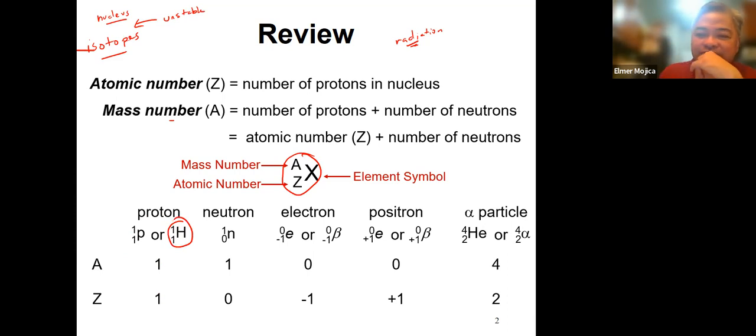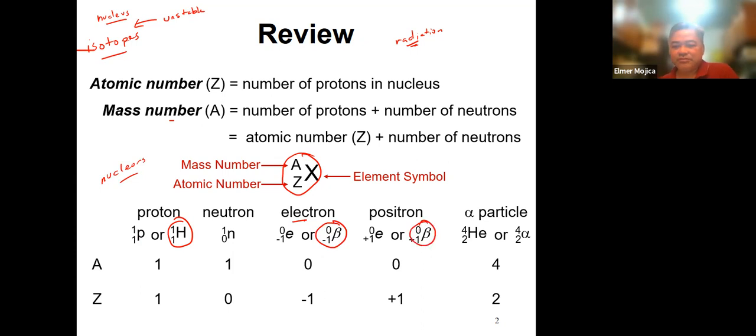The neutron, it has no atomic number, but it has a mass number equal to 1. Those are the two in the nucleus. When you call them together, those are the nucleons. Now, we have the so-called electron. And in this electron, we have what we call the beta particle.